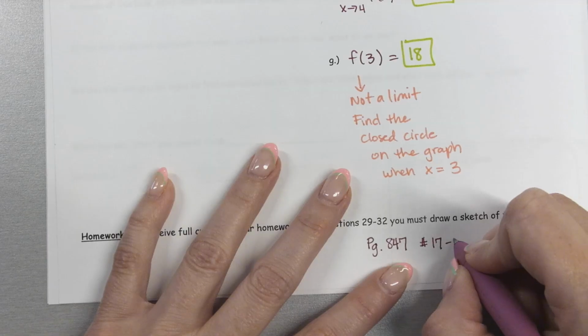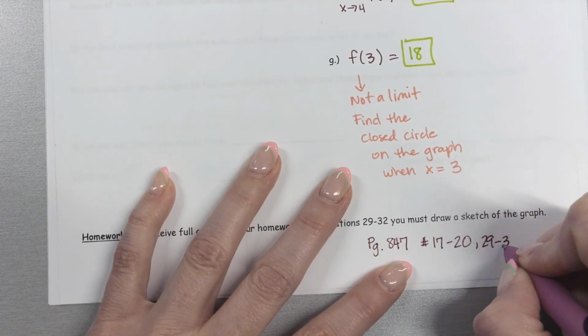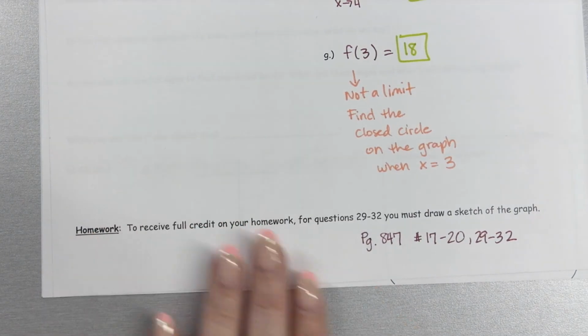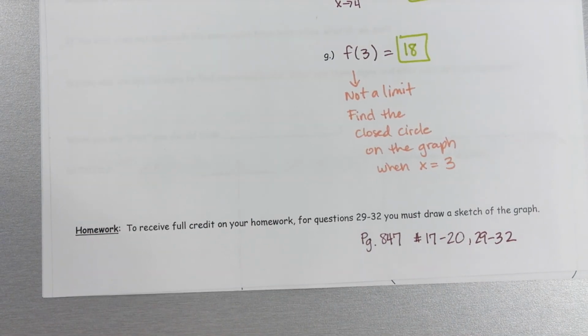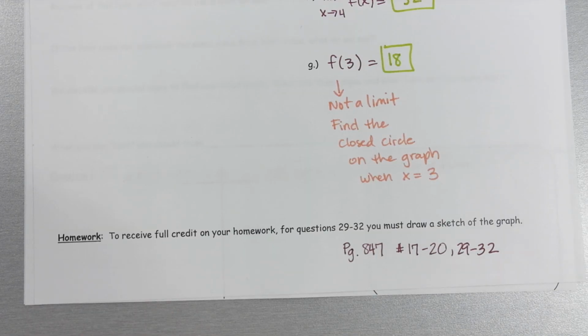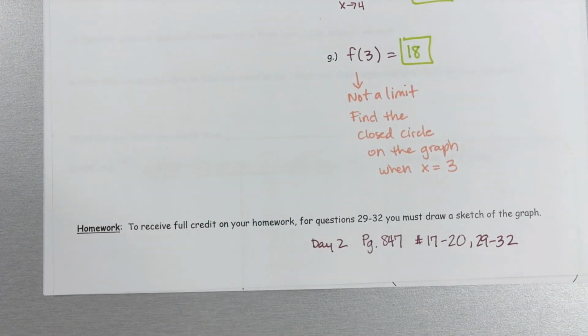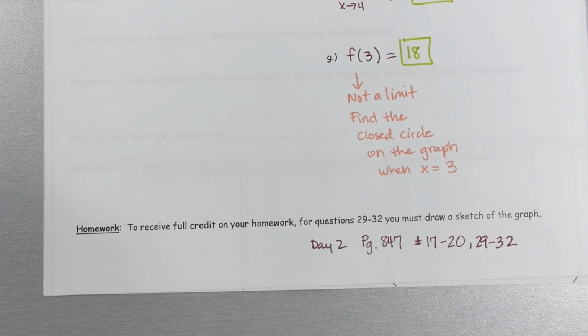Okay, and then you'll also be turning in your note sheet. Yes, the day 1 and day 2 are together. We're going to turn those in together. So this is day 2. Okay, and then so day 1 and day 2 are due together tomorrow in Google Classroom.